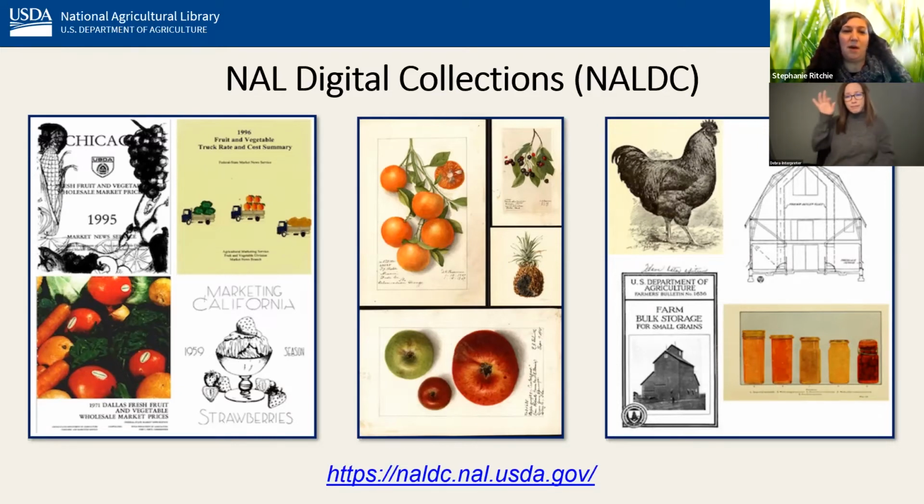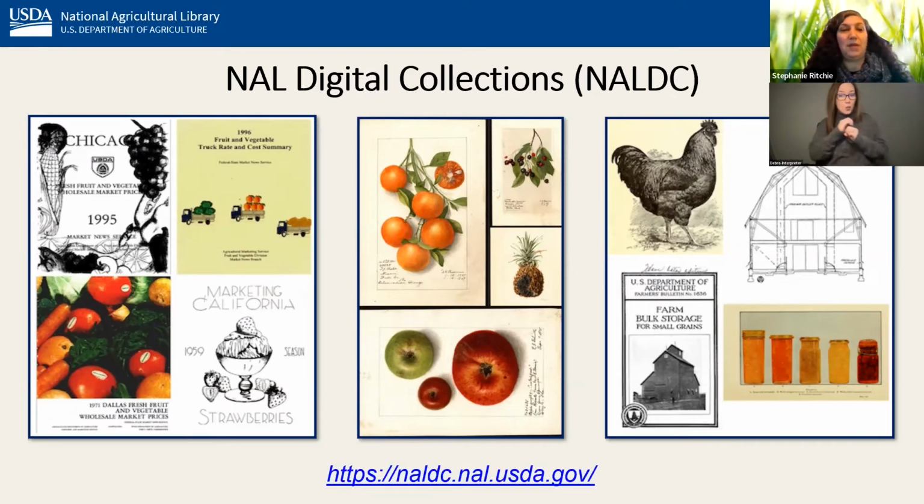Some of them are cultivars or images of things in pristine condition, and then some of them will show you if something's diseased. So this was for farmers and researchers and anyone to understand what the cultivars look like and what they might look like if there's a disease. But also these images are open and copyright free.